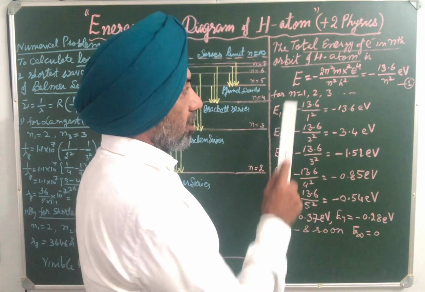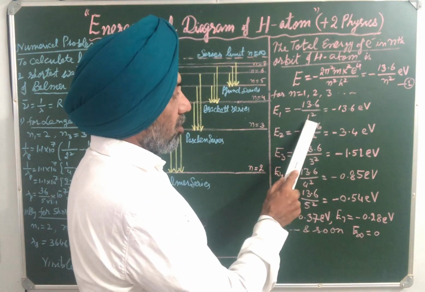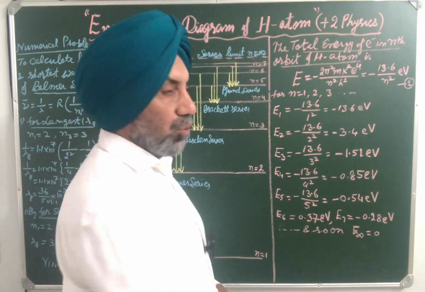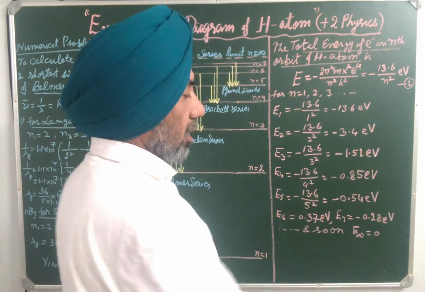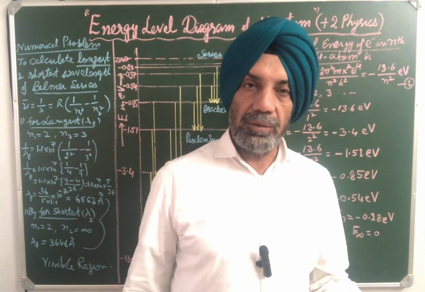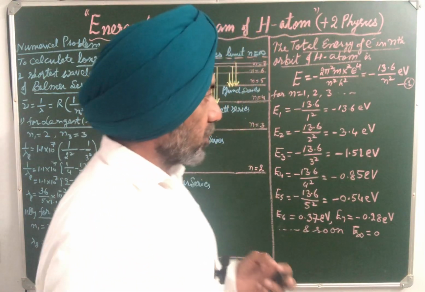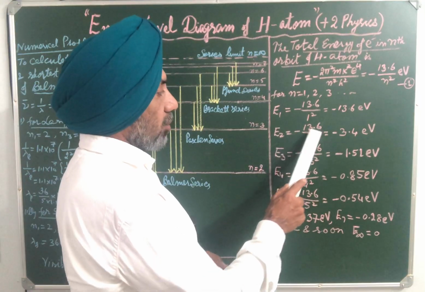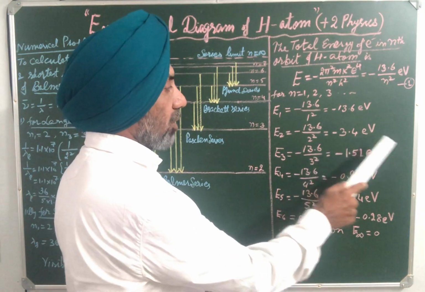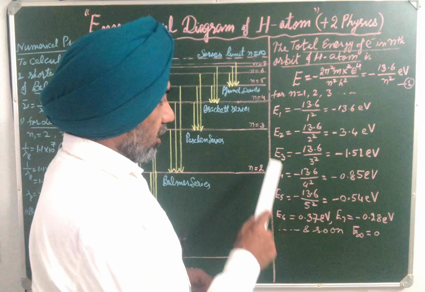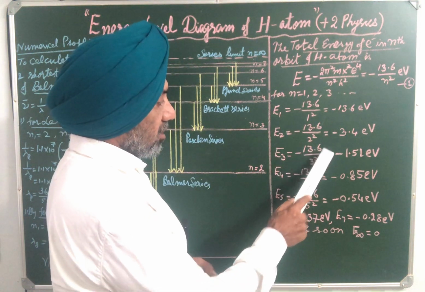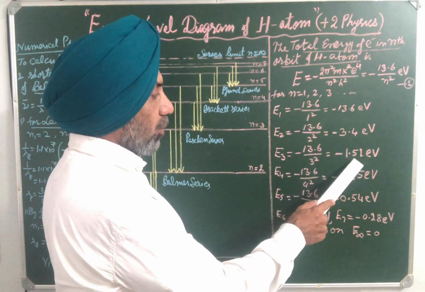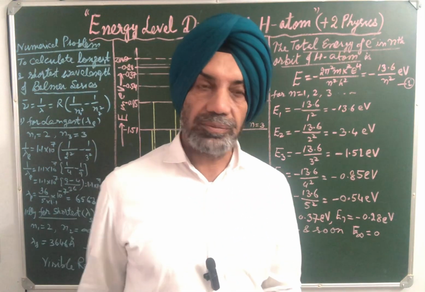So we have E1 is equal to minus 13.6 upon 1 square, that is minus 13.6 electron volt. This is the energy of the orbital electron in the first state, corresponding to principal quantum number n is equal to 1. E2 is equal to minus 13.6 upon 2 square, that will be minus 3.4 electron volt. Similarly, E3 will be equal to minus 13.6 upon 3 square, which is minus 1.51 electron volt.